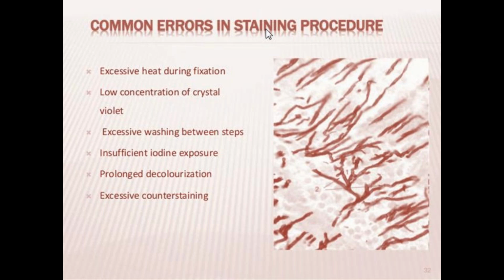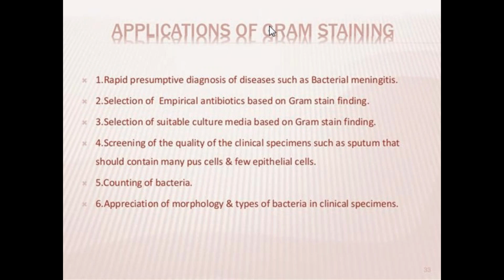Iodine exposure means the particular time intervals should be maintained during the addition of different reagents. If these conditions are not maintained during the process, that causes errors in the staining process.